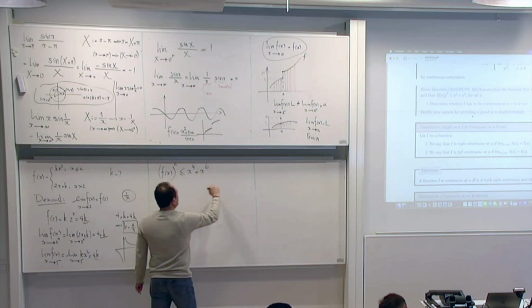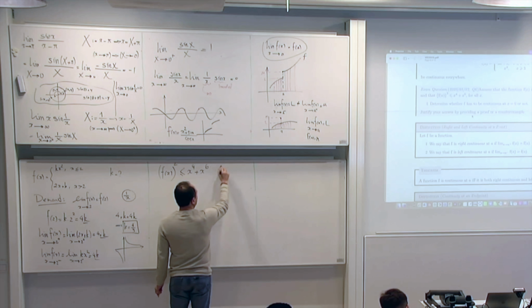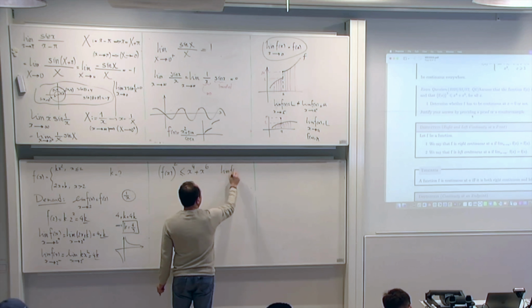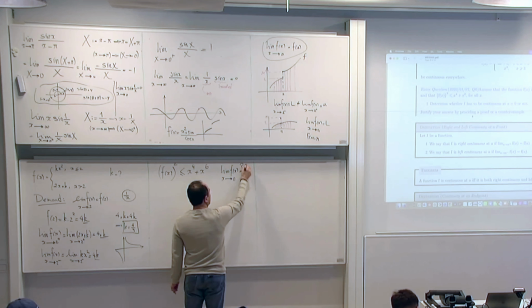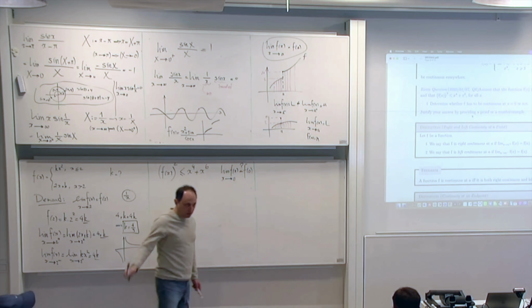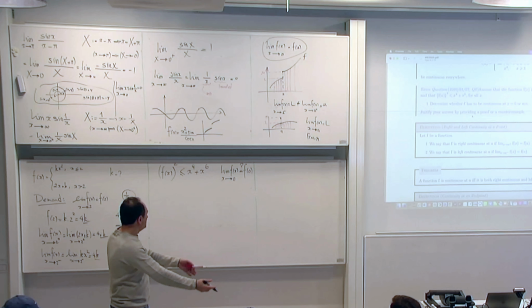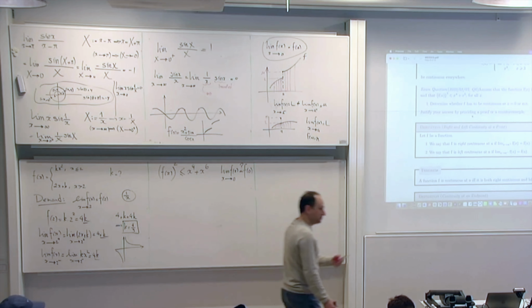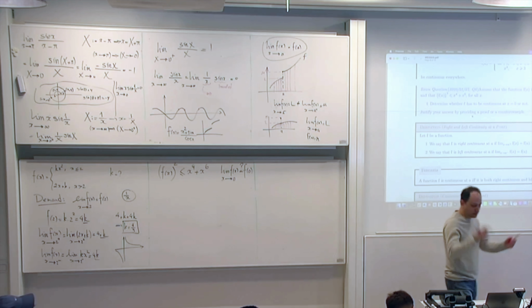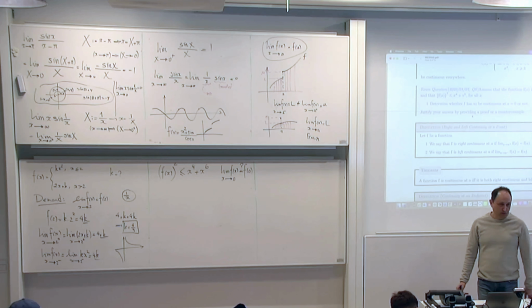And my question is, do you believe that this function is continuous at 0 or not? So the question is asking you, is the limit of f of x as x goes to 0 equal to f of 0? If I see the question, I go to a scratch paper, I think around these lines, and I try to use my experience, my toolbox, and my memory to see what I can do with this one.